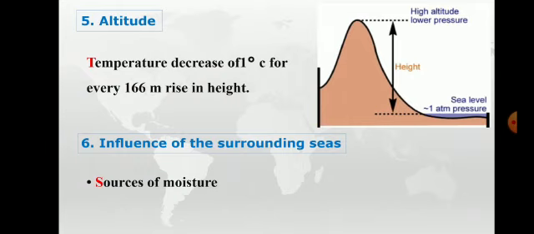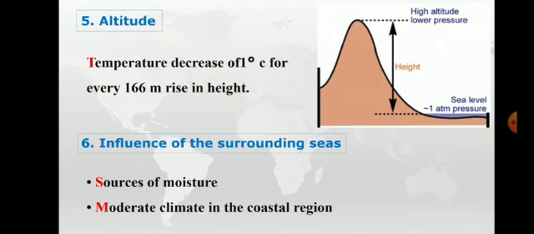They act as a source of moisture to the summer monsoons and bring heavy rainfall to the whole country. Okay. And the places near the sea will have a moderate climate.